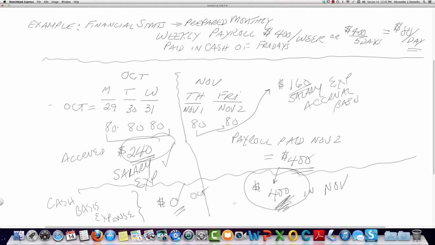Now, going back to the whiteboard for a second, let's just realize that now at the end of the accounting period, going back to the illustration I had before with the salaries, even though it's November, I'm going to pay $400 here.